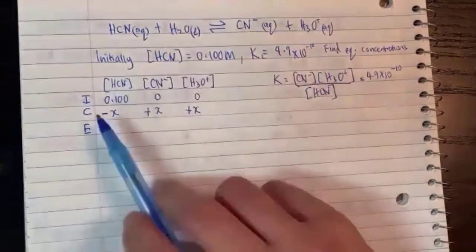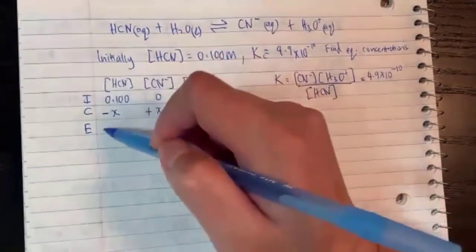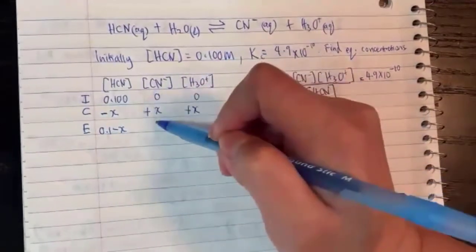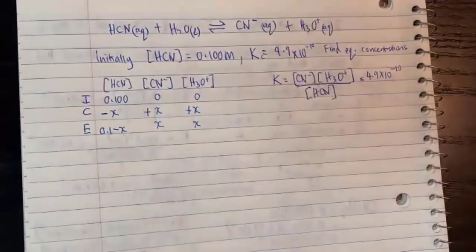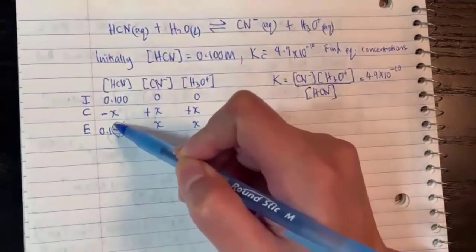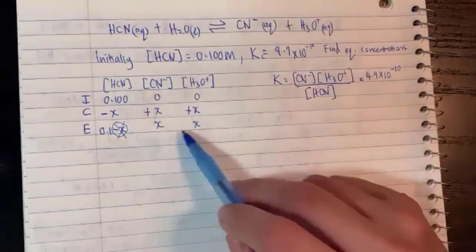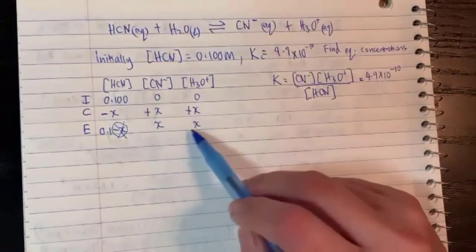So let's go ahead and put the equilibrium terms in terms of x. This is 0.1 minus x. I just dropped the zeros because I'm running out of space. And then which one is insignificant? It would be this guy. These two you can't cross off because they're compared to 0, and you have to keep them as a number.